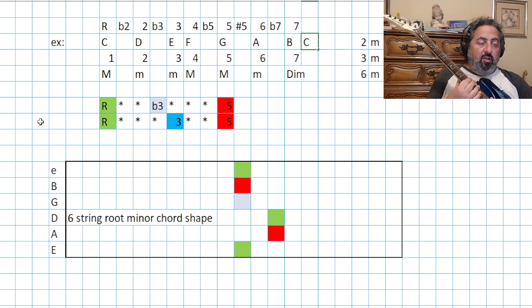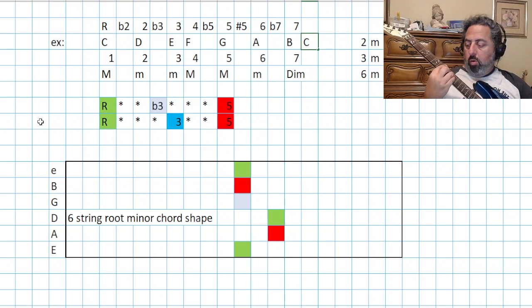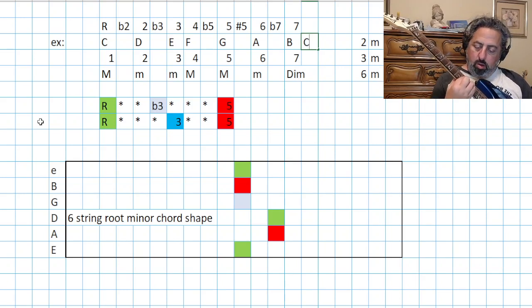And then I just need to know a major shape on my guitar. Now, of course, there's this 5th string shape that we know. So if we were playing G, and then even maybe on the 5th string here.